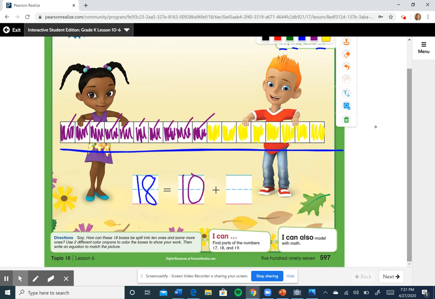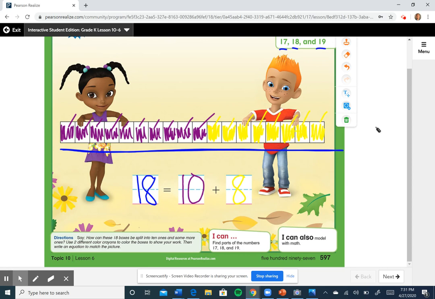Now I'm going to start over back at 1 to see how many yellows I colored, okay? 1, 2, 3, 4, 5, 6, 7, 8. So it says 18 equals 10 plus 8.